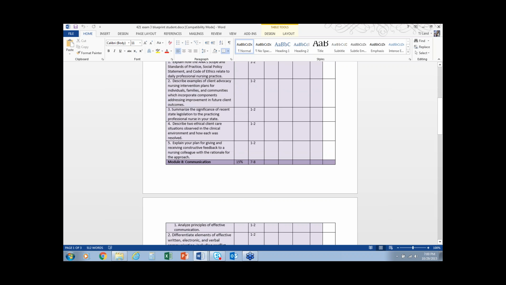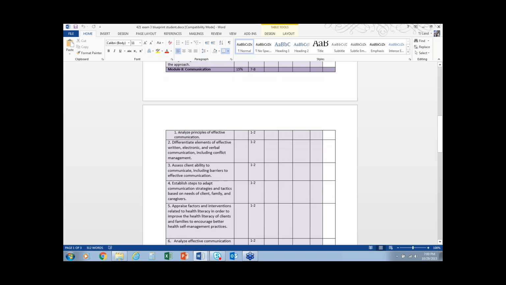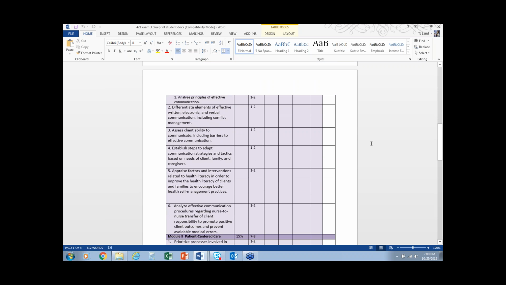So now let's talk about the next section, which is talking about communication. The first component of communication says that you need to be able to analyze the principles of effective communication. So what are those principles, and how might you use them for effective communication?